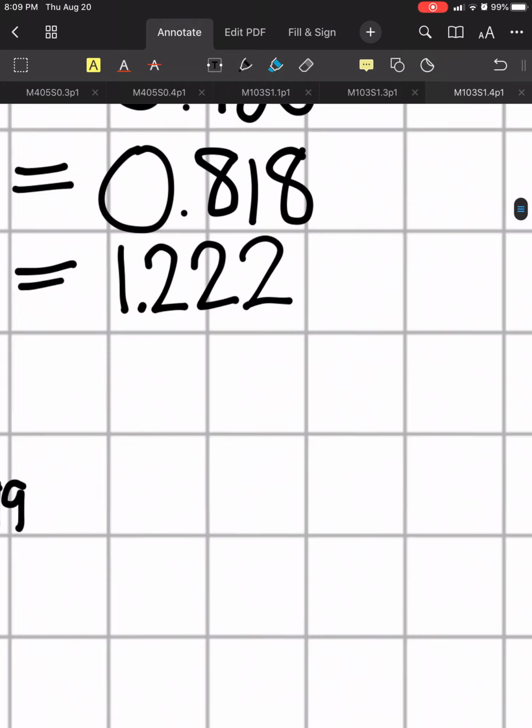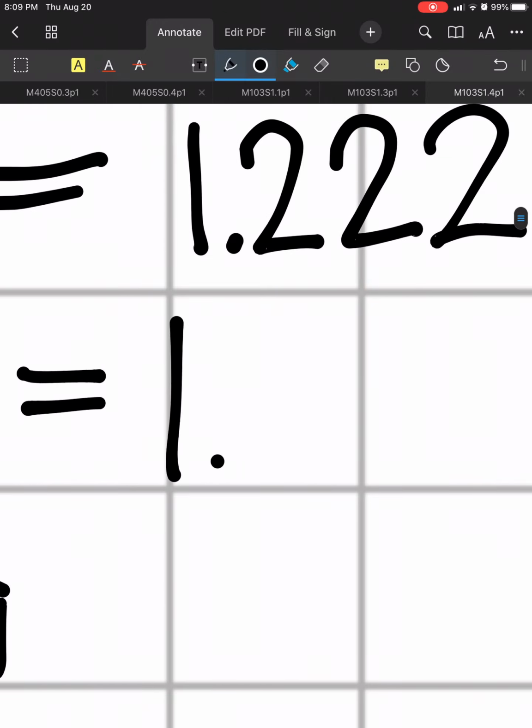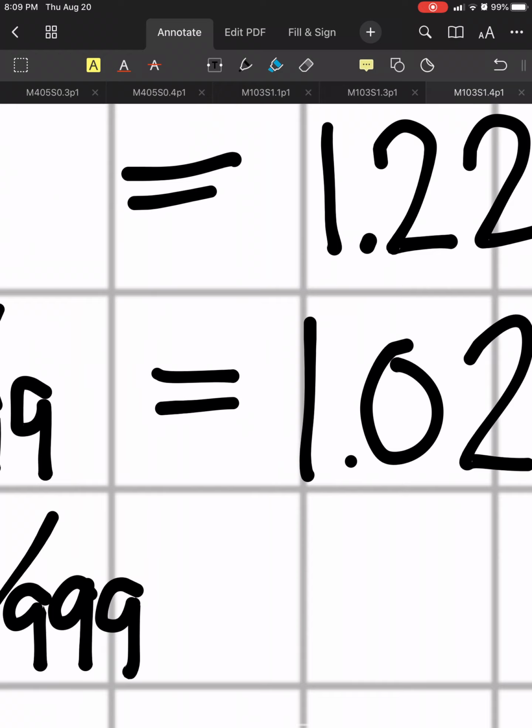That's 1.02. Or 1.020. And the next one is 1001 divided by 999, which is 1.002.